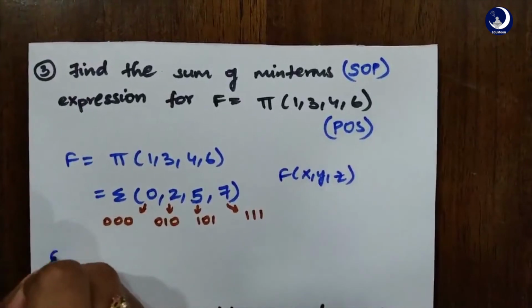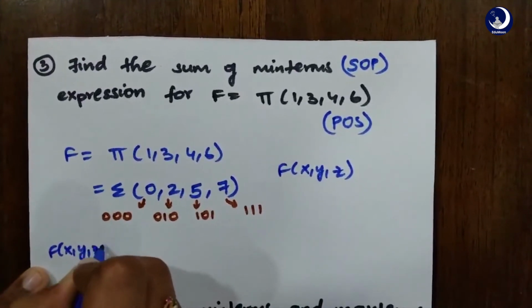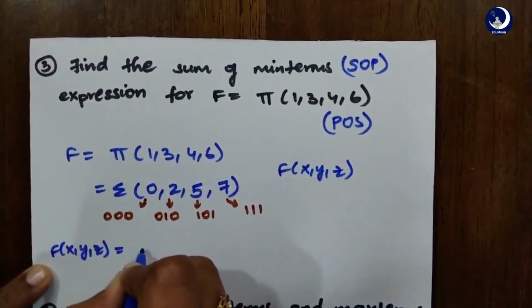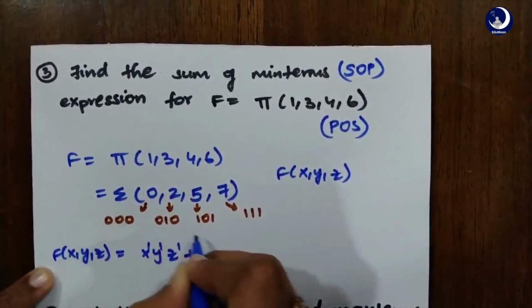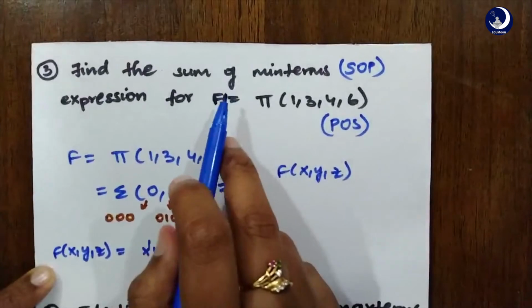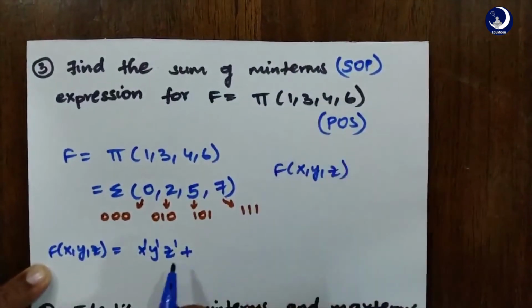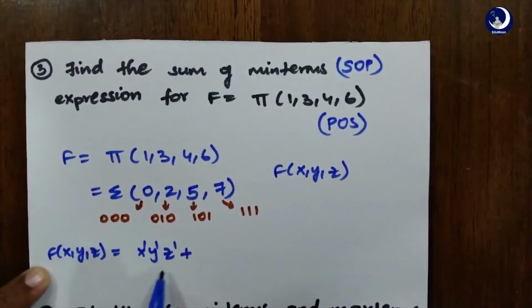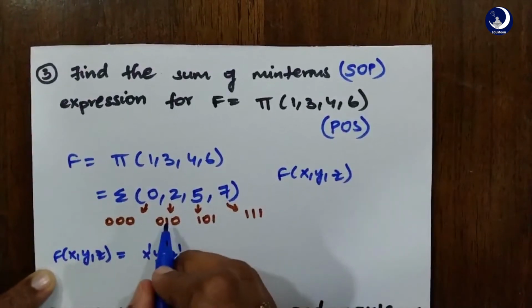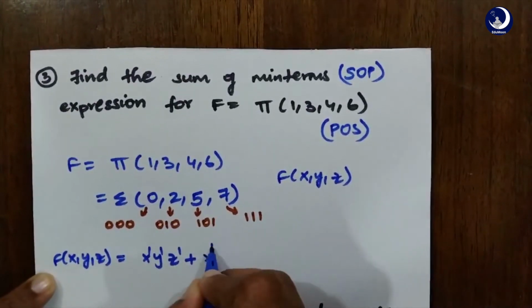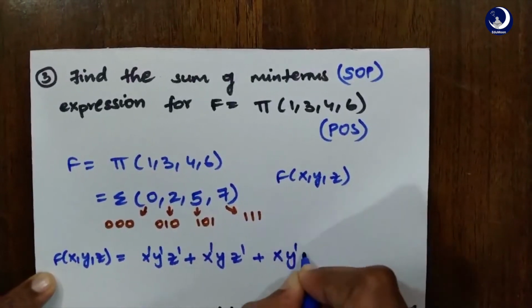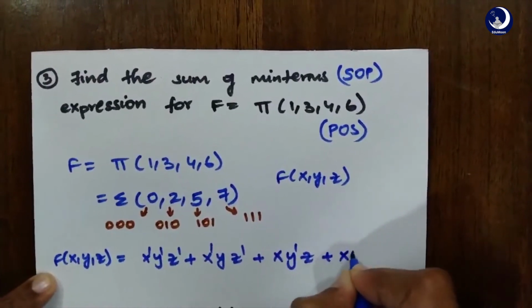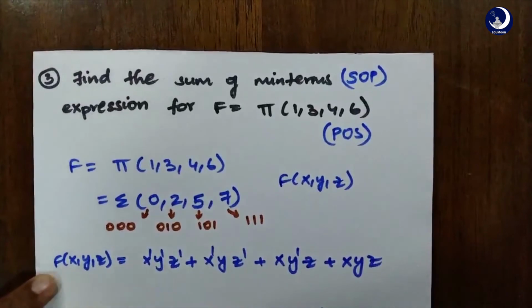If we take x y z, this one will be x bar y bar z bar plus, because we are asked to find the sum of minimum terms, so these are the product terms summed up. So 0 1 0 means x bar y z bar, plus x y bar z, plus x y z. I hope you are very clear till here.